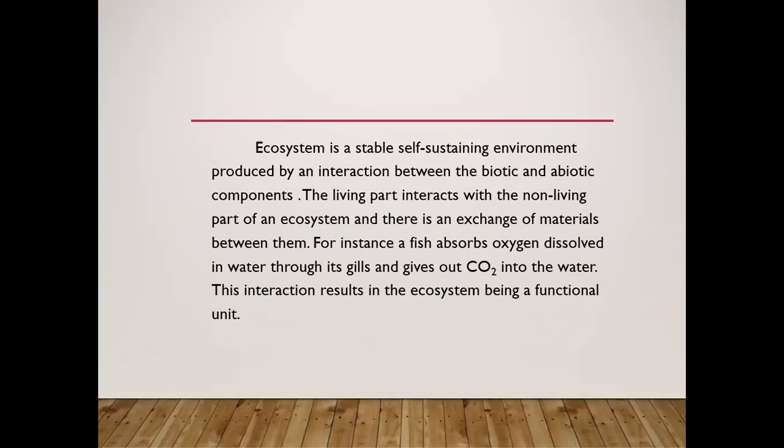So, please, these words are very important when you are defining ecosystem. Stable, self-sustaining environment. That self-sustaining is very important, okay? And how is that produced? By the interaction between biotic, that is the living, and abiotic components, okay, in such environments.